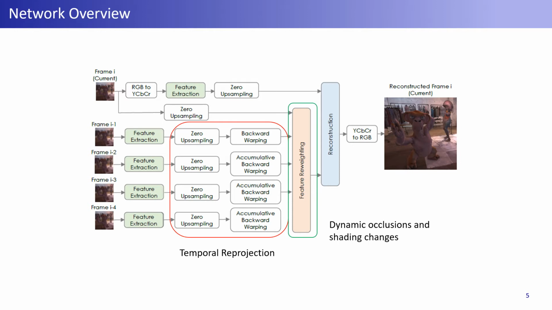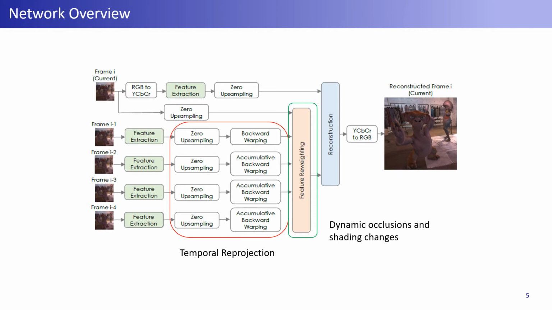But in this part, the dynamic occlusions and shading changes are not considered, so the feature reweighting network will help to consider them. After that, the current frame and the previous frame information are sent to the reconstruction network to reconstruct the high resolution current frame.